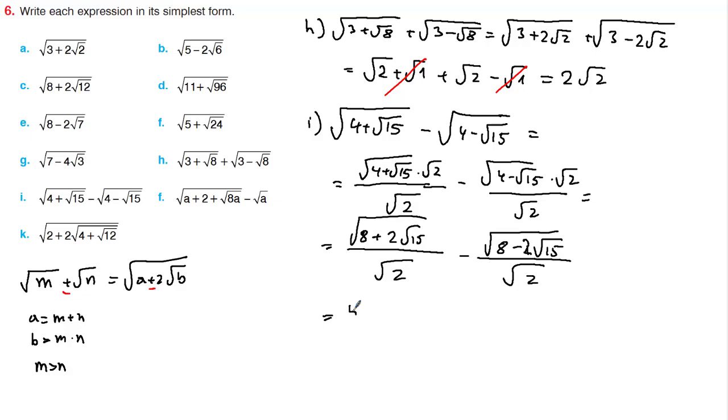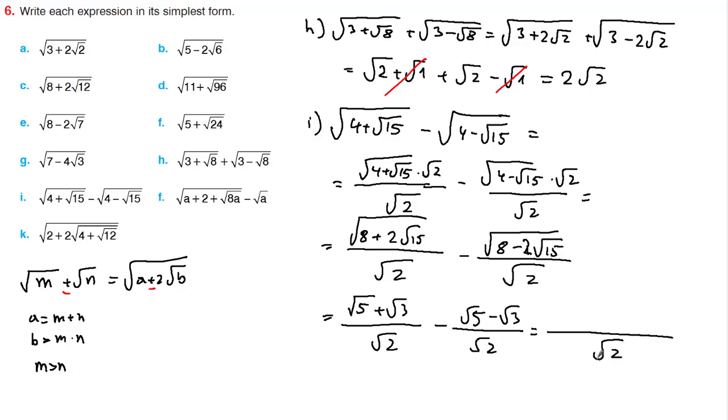So root of 5 plus root of 3 over square root of 2 minus square root of 5 minus square root of 3 over square root of 2. We can put them under the same square root.